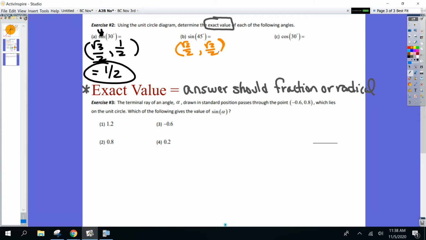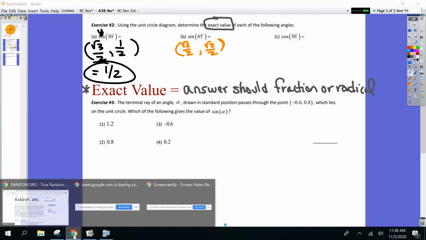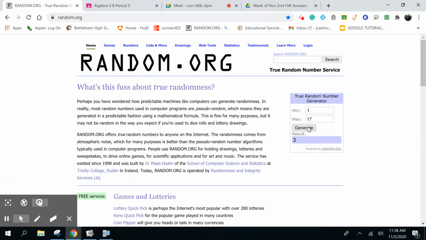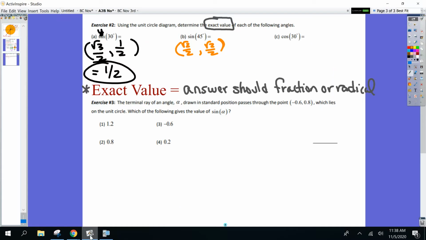Good job. These are the only three you need, 30, 45, and 60. It doesn't matter here, but I'll still ask: what coordinate do I need if I'm looking for the sine of anything? The y coordinate. So I'm just going to pick off radical 2 over 2.